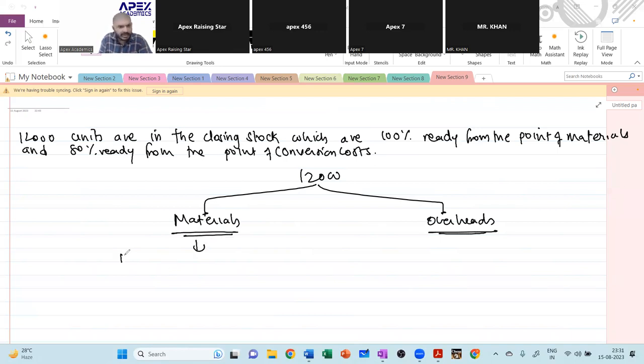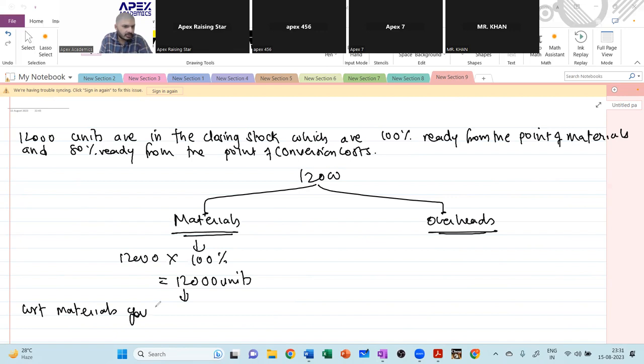With respect to materials, 12,000 units are 100% ready. Therefore, with respect to materials, you have incurred a cost on 12,000 units. Do you agree with this statement? Because they're 100% ready.